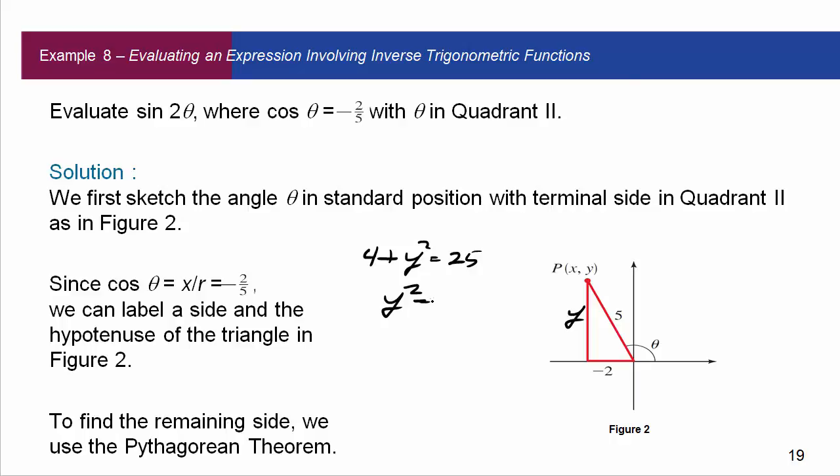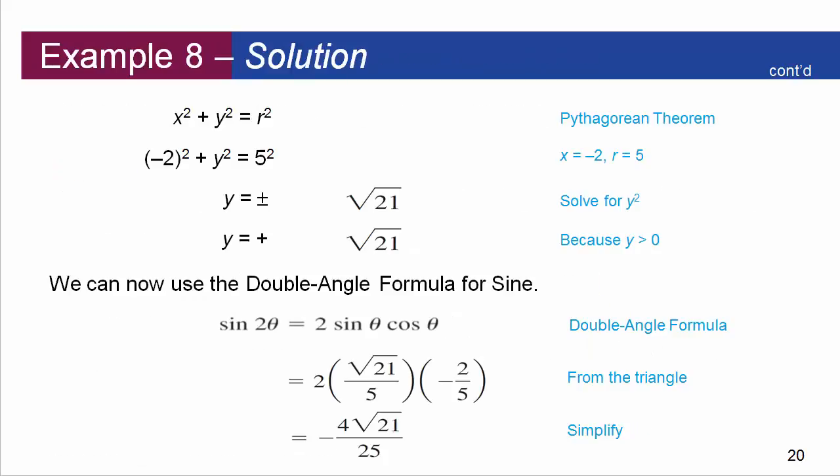So y squared is going to equal 21, and of course y is going to be the square root of 21. Now technically it's plus or minus the square root of 21, but because we're in quadrant 2, we know it's positive, so it's just positive square root of 21. Okay, so here's that all worked out.